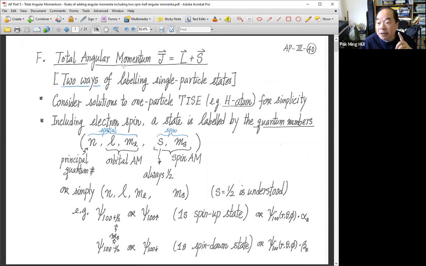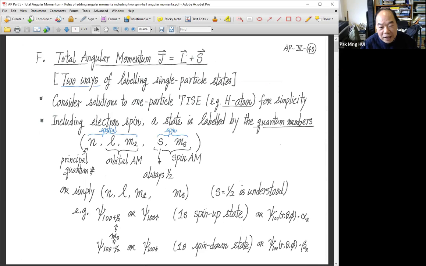This is the simplest situation, because let's think about the hydrogen atom. There's only one electron, so there is only one orbital angular momentum L, depending on which state the electron is in. There's only a spin half because there is one electron.